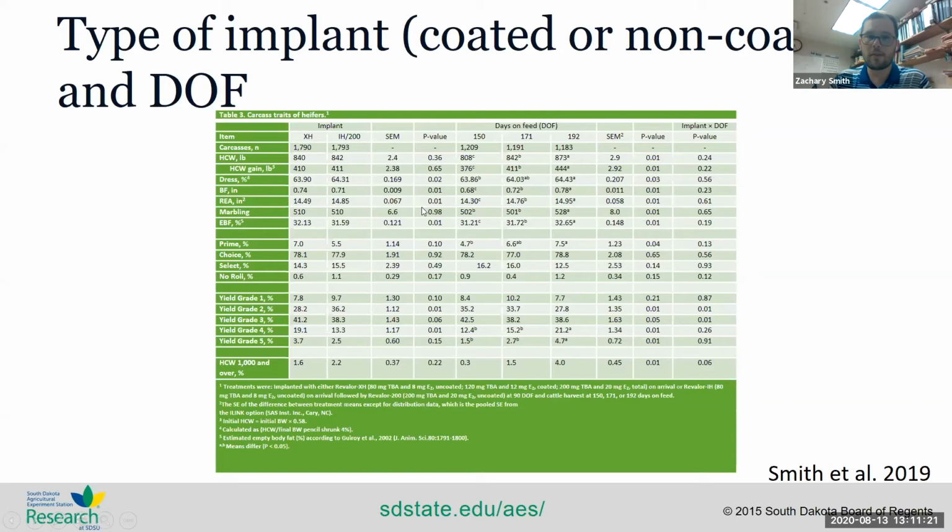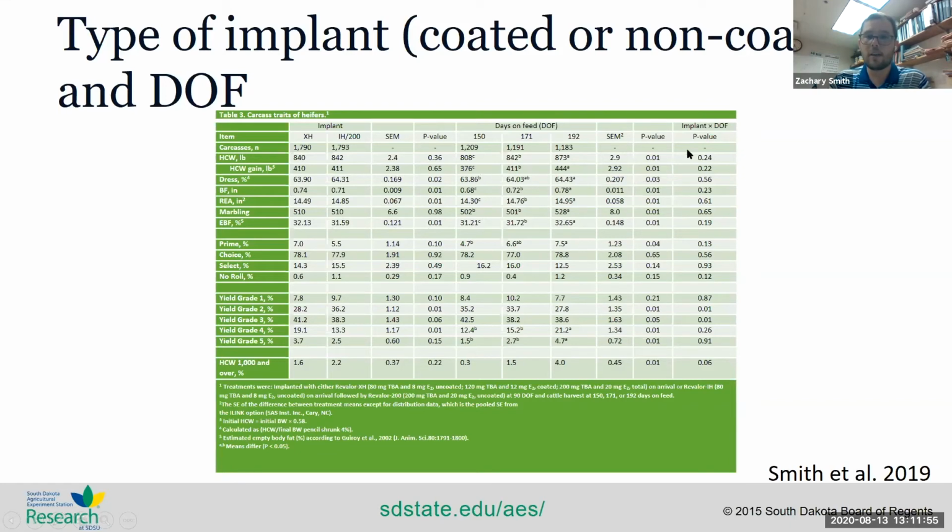They were heavier muscled, no difference in marbling, but a difference in overall empty body fat accumulation. There was a tendency to have a greater proportion of prime carcasses in the coated implant heifers, and then fewer yield grade 2s in the coated implant, and overall an alteration in heavy yield grade distribution. And there was also a greater amount of heifers with carcass weights of greater than 1,000 pounds in the IH200.